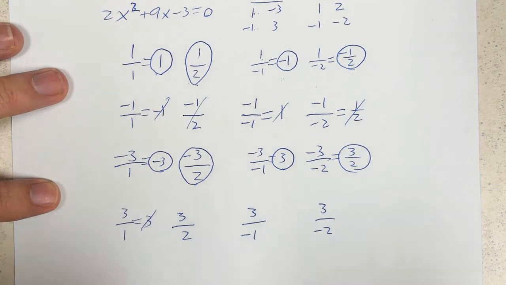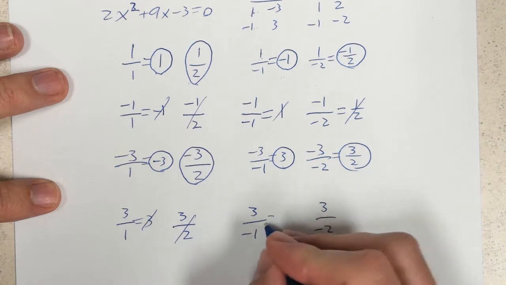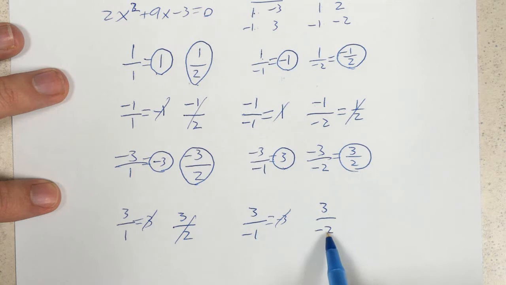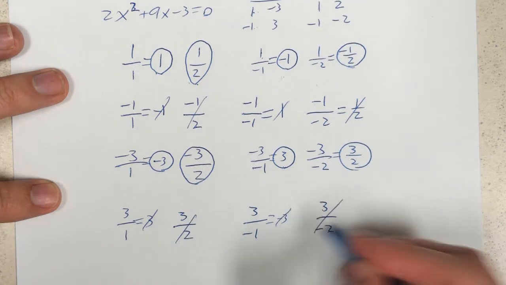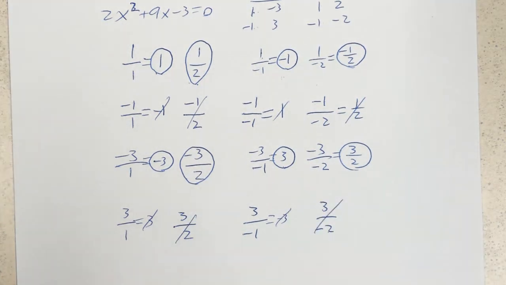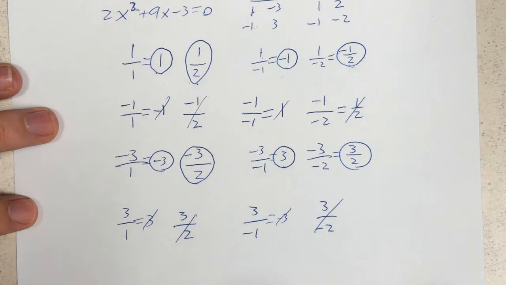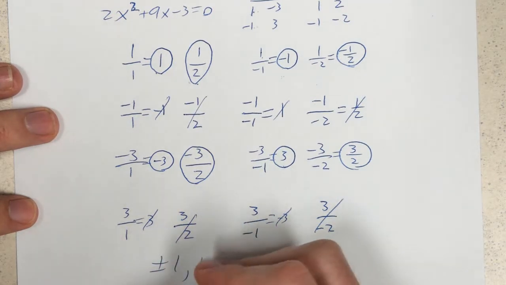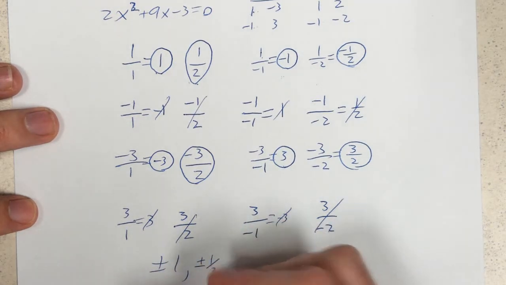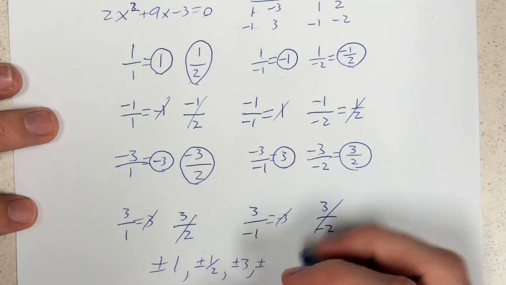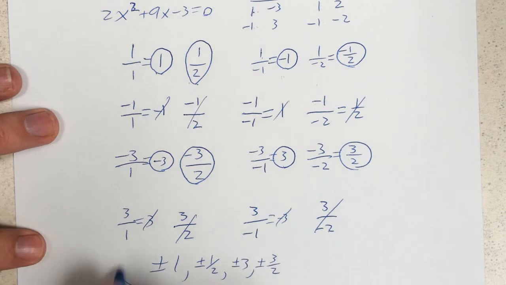We already have that one. 3 divided by 2, we've got that one already. 3 divided by -1 is -3. We've got that one already. 3 divided by -2 is -3. Same thing. And so it's those same ones. Plus or minus 1, plus or minus 1/2, plus or minus 3, plus or minus 3/2.